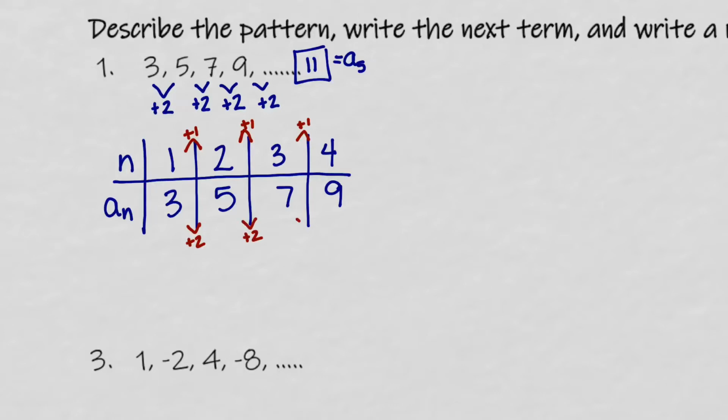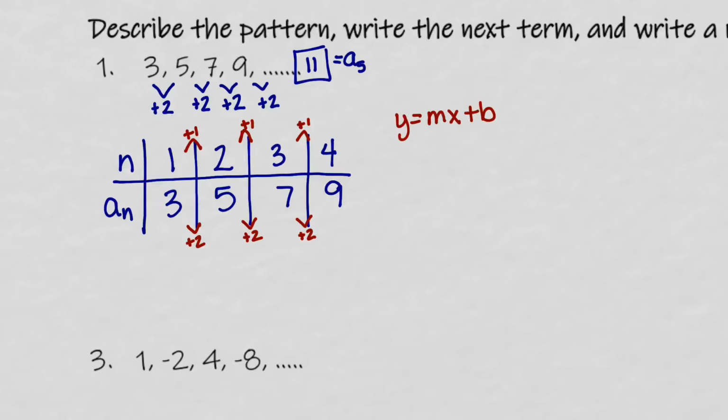So this actually takes us back to when we talked about linear functions. When both x and y's changes are constant, we have a linear function. So we know a linear function equation looks like this, and our n is in our x spot.